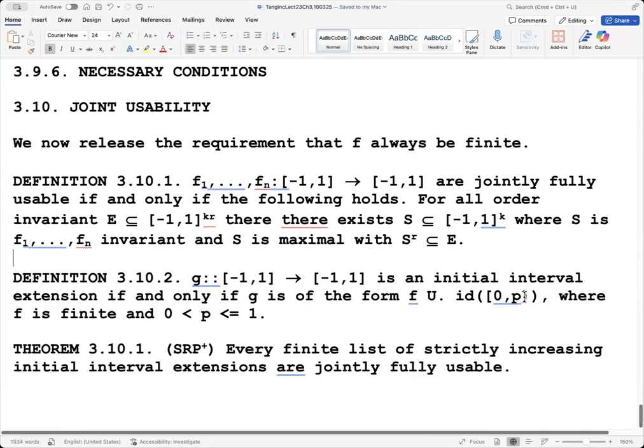Here I define an initial interval extension: G is of the form F union the identity on the interval [0,p], where F is finite and p is greater than 0. That's an interval extension. Actually, I could probably even, because it's trivial. Well, but I committed myself to interval extension meaning non-trivial.